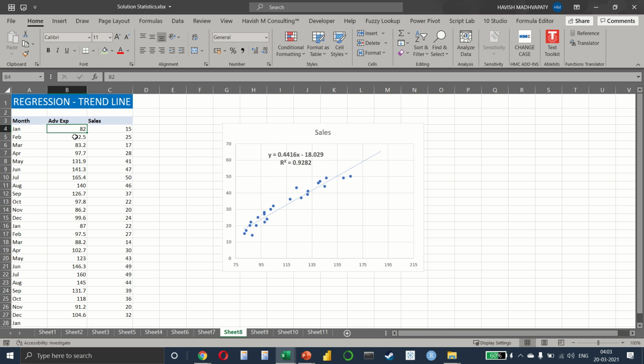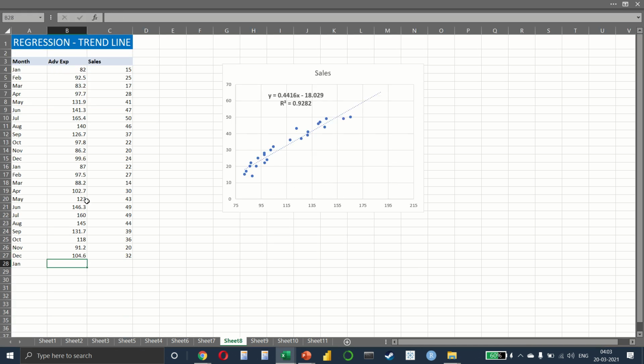If we say that the advertising expenditure is going to be 109, for example, we can simply say equal to 0.4416 multiplied by 109 minus 18.029, and that gives us 30 crores. So it tells us that in January, if I increase my advertising expenditure to 109, I would expect 30 crores as the total sales amount, like this.